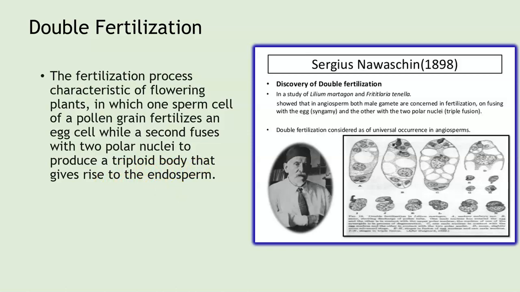So students, double fertilization is a complex fertilization mechanism in flowering plants, that is angiosperms, and it is considered a universal occurrence in all angiosperms. The process was discovered by Nawaschin in Liliaceae plants like Lilium and Fritillaria.